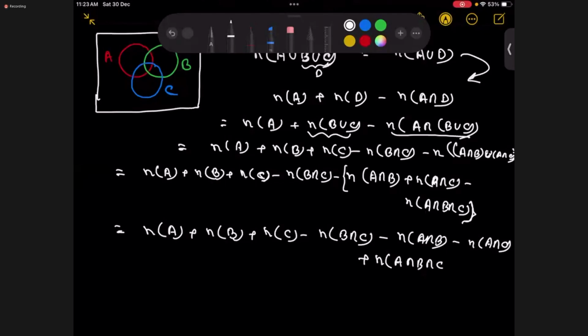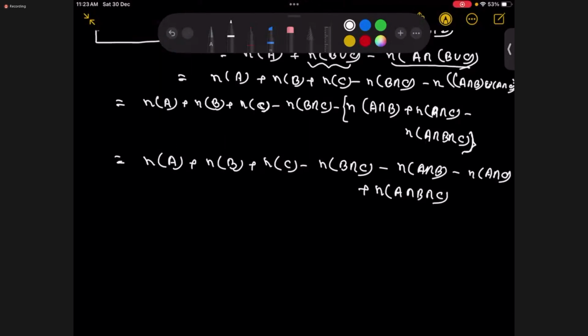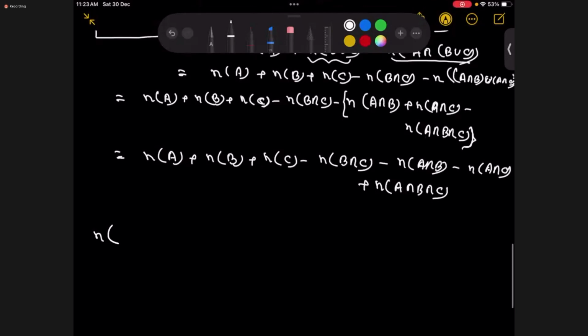In general, we can extend this number of unions to n many elements, and that thing will work like this. Let us take some notation to denote it.